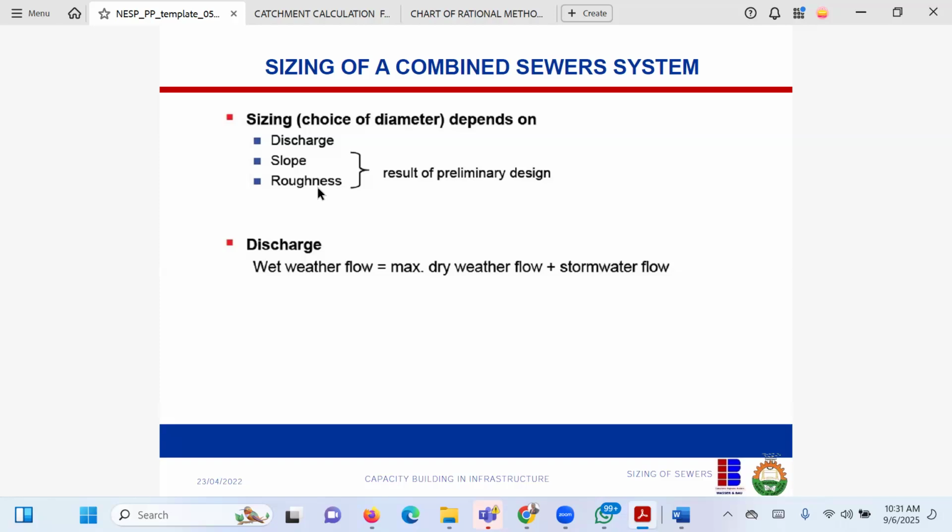Then the slope, we know the slope. Once the surveyor has taken his design, slope will pop out on its own. Then the discharge is what we are going to do. So in all these three parameters, two are almost known. One is unknown. And when we get this one, we use this value here, and then we get our pipe size. Remember, the whole output of our design is simply to say what size of pipe we are going to use.